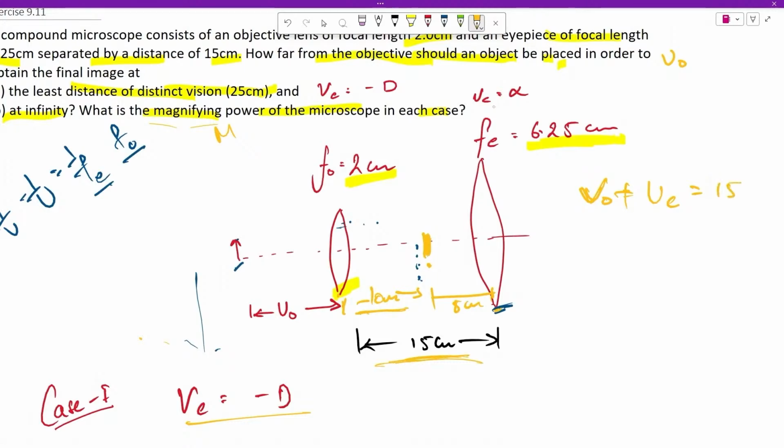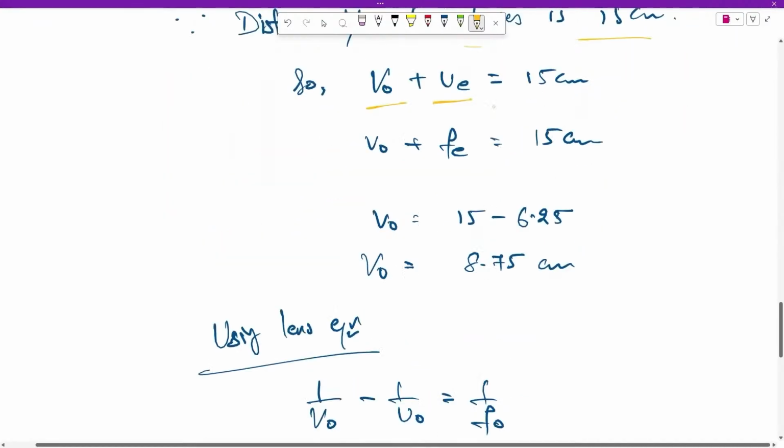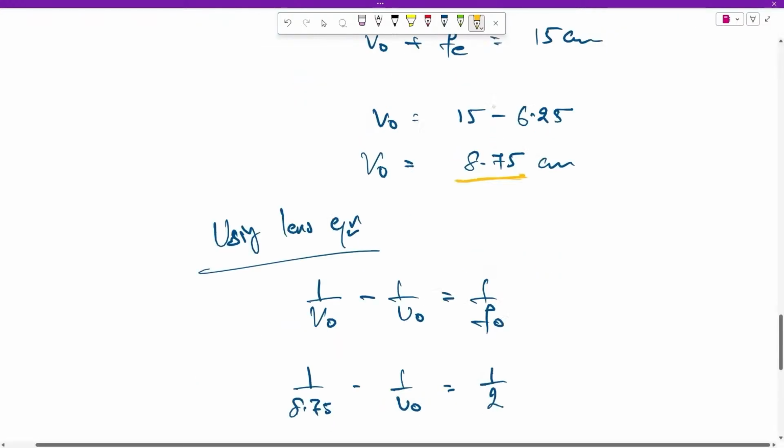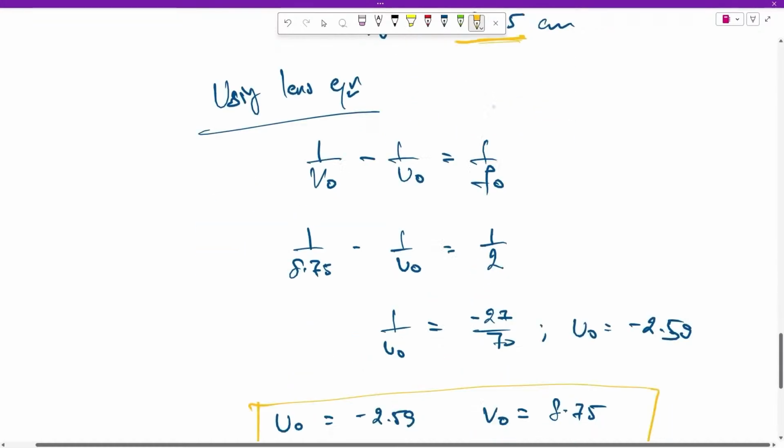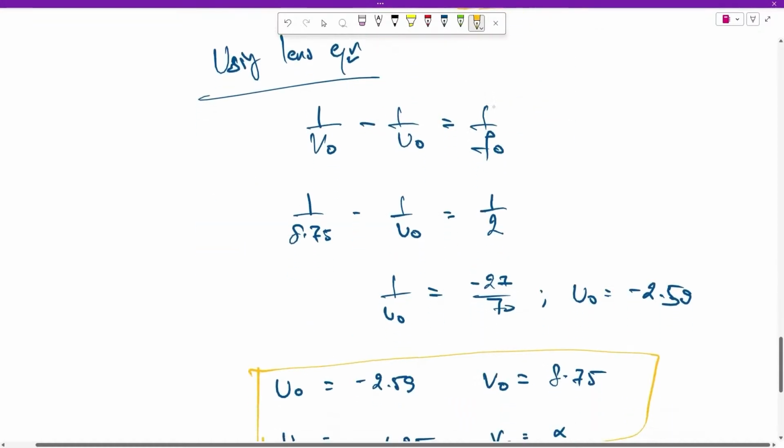So using this, we will find the value of VO, the image distance from the objective, and this gives 15 minus 6.25, that is 8.75. Since this is to the right of the objective, it will be positive. We will put it in the lens equation again to find the value of UO, and we will get UO as minus 2.59 centimeter.